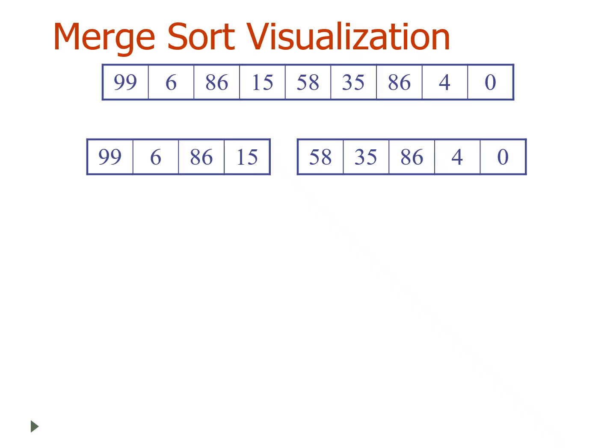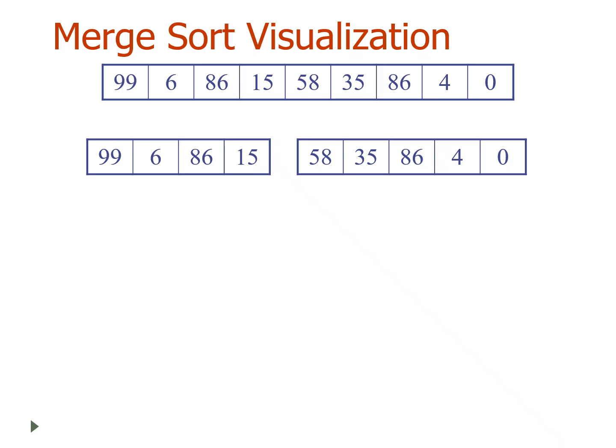Notice that I'm not doing any sorting yet. I'm just doing the divide step. But if you look at either of those two subarrays, they're not really trivial to sort, because you have to do a number of comparisons. When doing divide and conquer, we always want to think of the most trivial effort I could exert to actually get some answer.